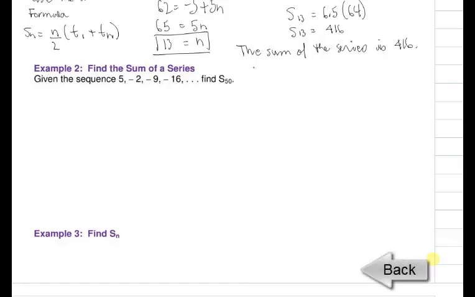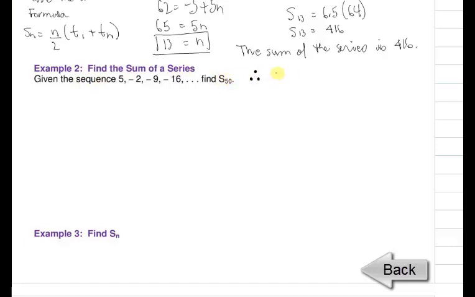Example 2, find the sum of a series. You are now given a sequence 5, negative 2, negative 9, negative 16, and so on, and you've been asked to find S50. What you're given is a sequence, but you can only find sums of series.